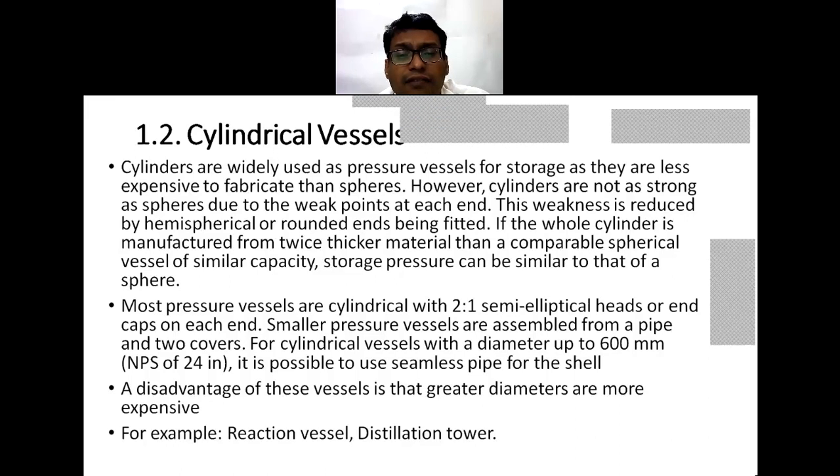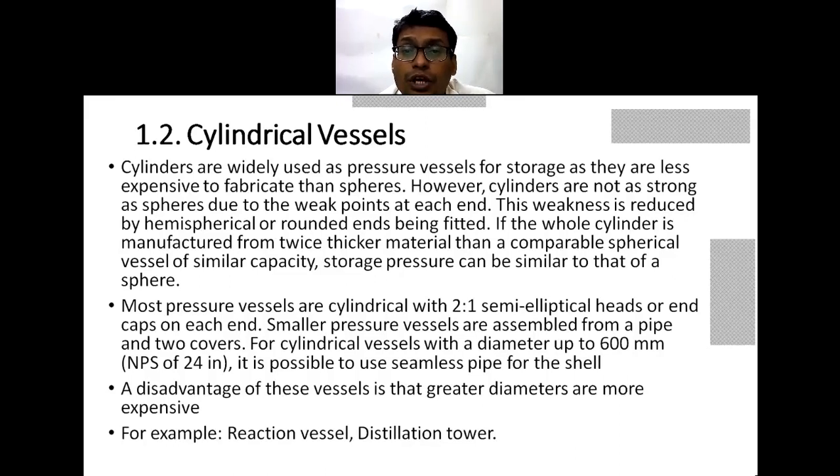Then the disadvantage of these vessels is that the greater diameters are more expensive. As you increase the diameter, the bending cost also increases. Even as you increase the thickness, you will require huge machinery to bend the thick metal sheets.